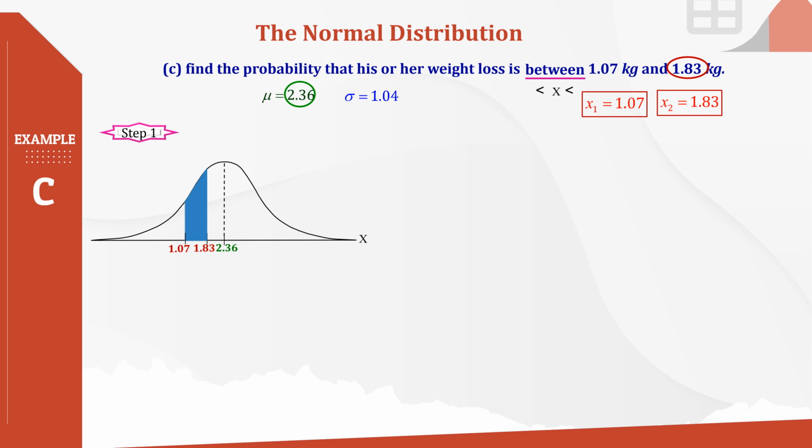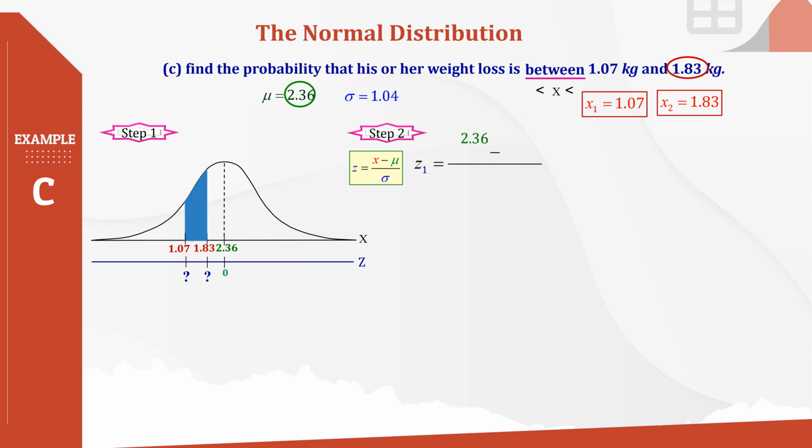We know the mean 2.36 becomes 0 in the standard units. Let's convert each x value into the number of standard deviations using the formula. Substitute the mean and the sigma values into the proper position of the formula. Place x1 value of 1.07 on the top left to get negative 1.24.